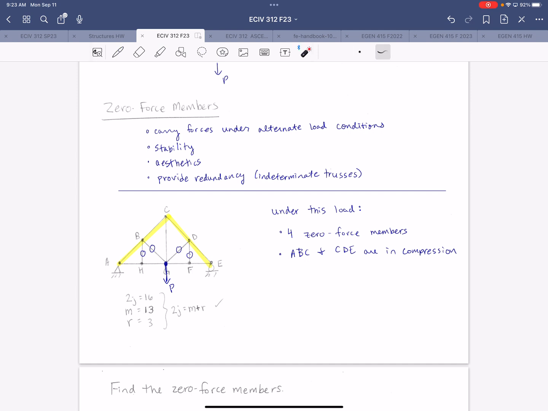So the zero force members under this load are really just there to provide stability to joints B and D to help prevent buckling in that top chord.